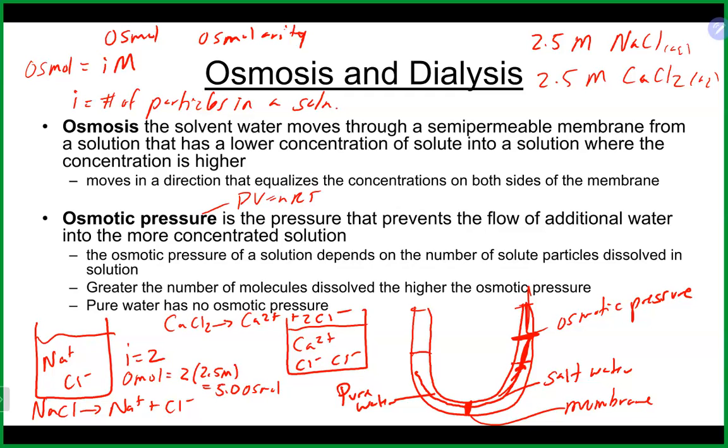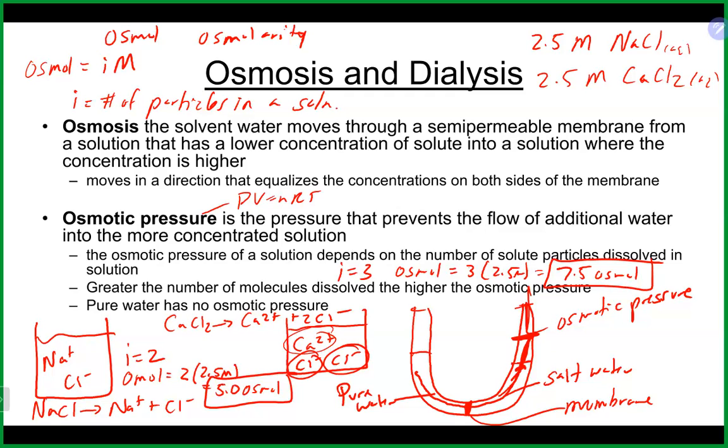Going to get 3 particles, right? 1, 2, and 3 particles, which means in the case of calcium chloride, i would equal 3, which means the osmolarity for this one would be 3 times 2.5, which gets us 7.5 osmolarity.